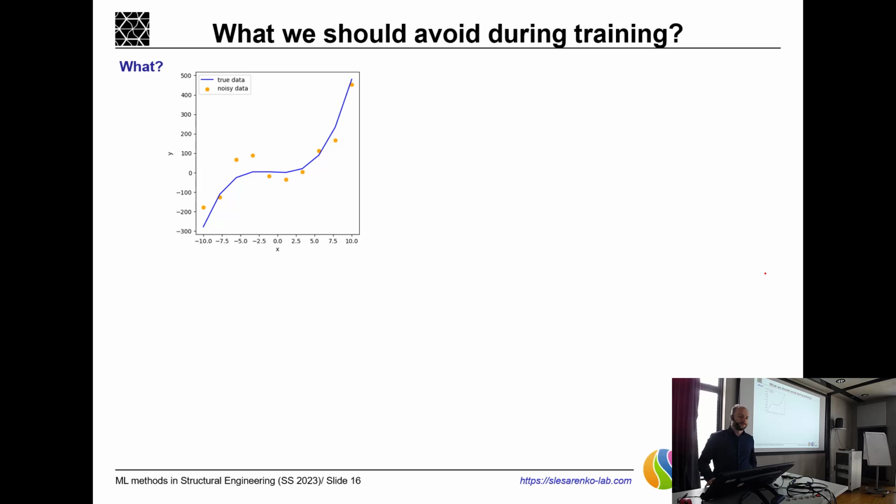That's important. And the question is, what should we avoid during training? Do you remember that? I saw a lot of you don't remember that, based on your practice exercises. But in general, what should we avoid? Imagine that we don't have this blue line right now. We have just data points, like this noisy data, and we would like to have something like that.